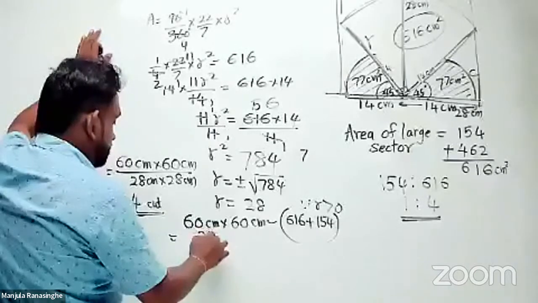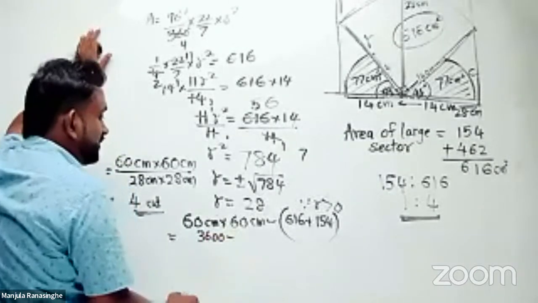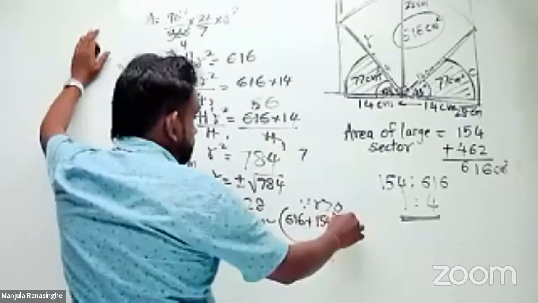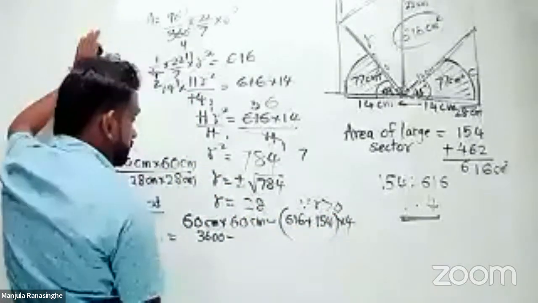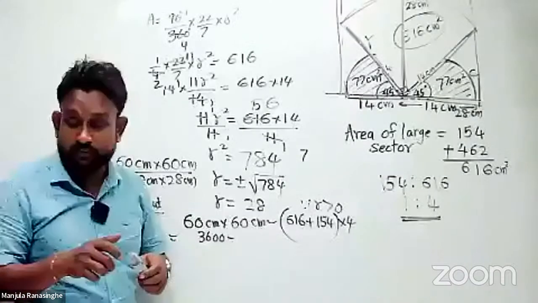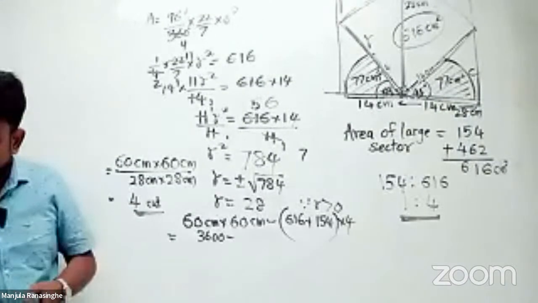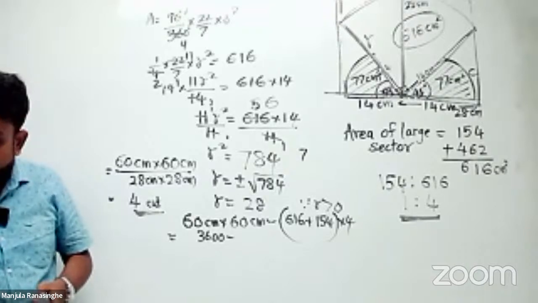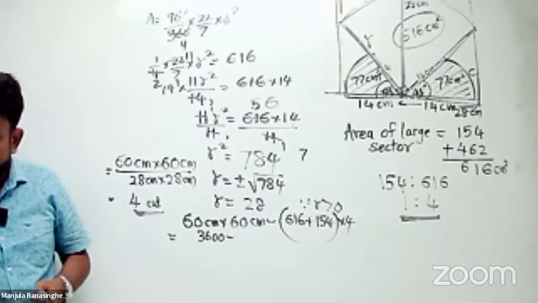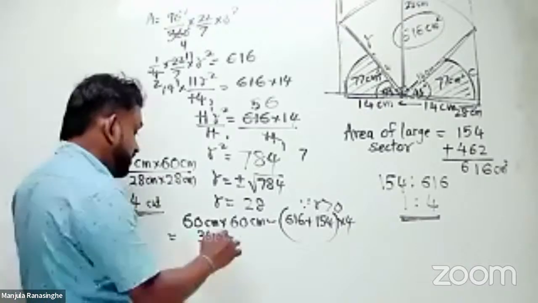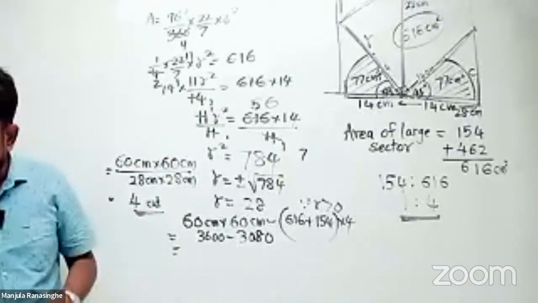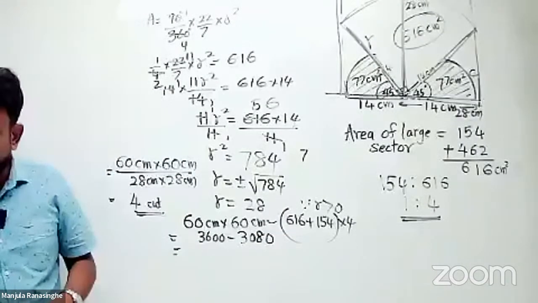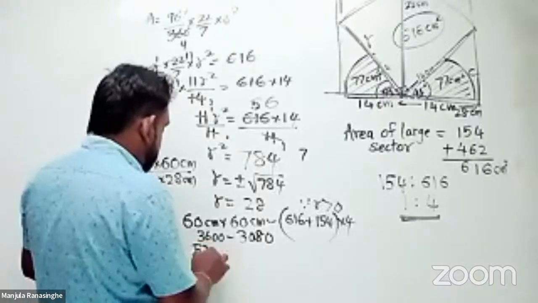Then 3600 subtract, this is the one net, such that we cut 4. This is one net area into 4, right? 3600 subtract 616 plus 154, as we have 4 nets there. So 4 nets means 3080. Then subtract from 3600. The wasted area is around 520 square centimeter.